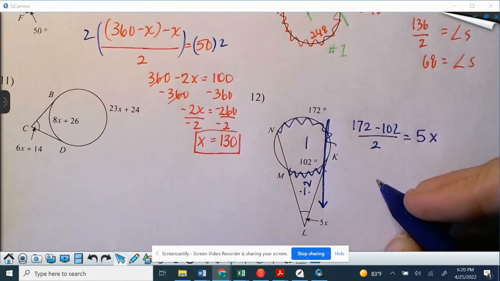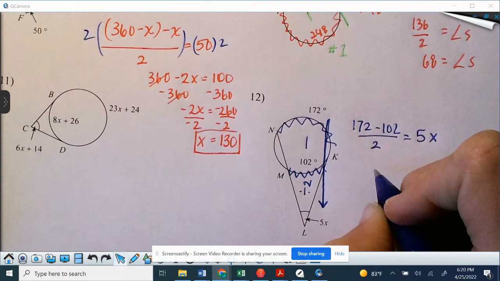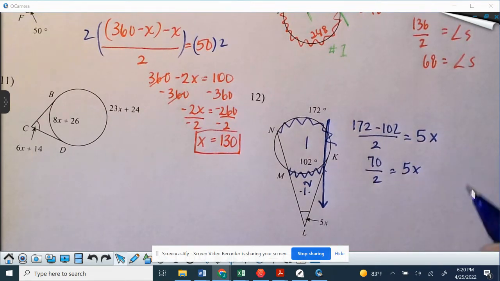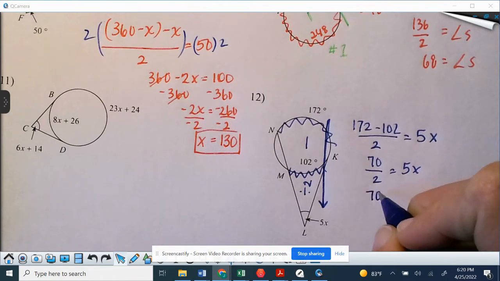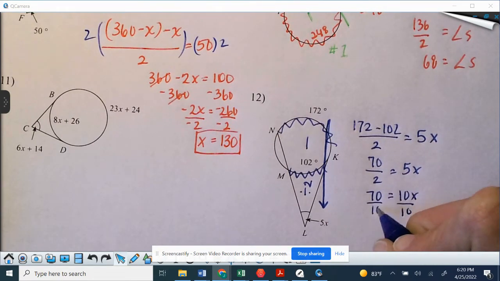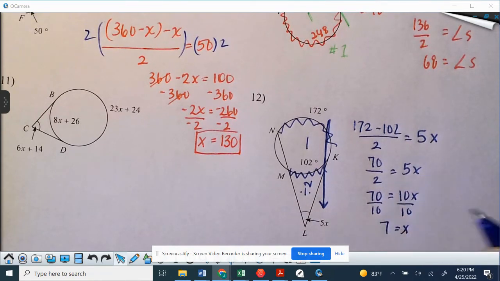So 172 minus 102 is 70, divided by 2 equals 5x. You can do 70 divided by 2, or you can multiply both sides by 2, which gives me 10x, and divide by 10, x equals 7. X is 7 in this case.